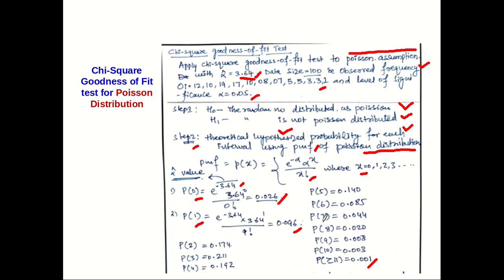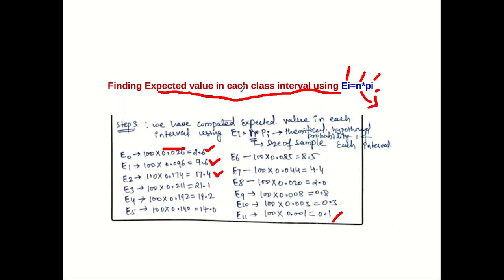So I repeat here. First we have to find the theoretical hypothesized probability for each class interval by using the PMF of the Poisson distribution, and after that find the expected value in each class interval using Ei equal to n into Pi.